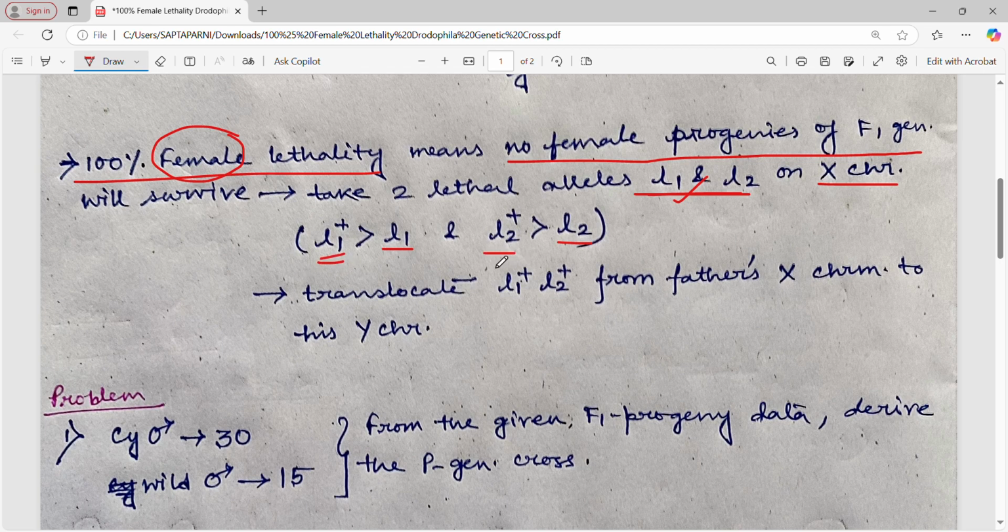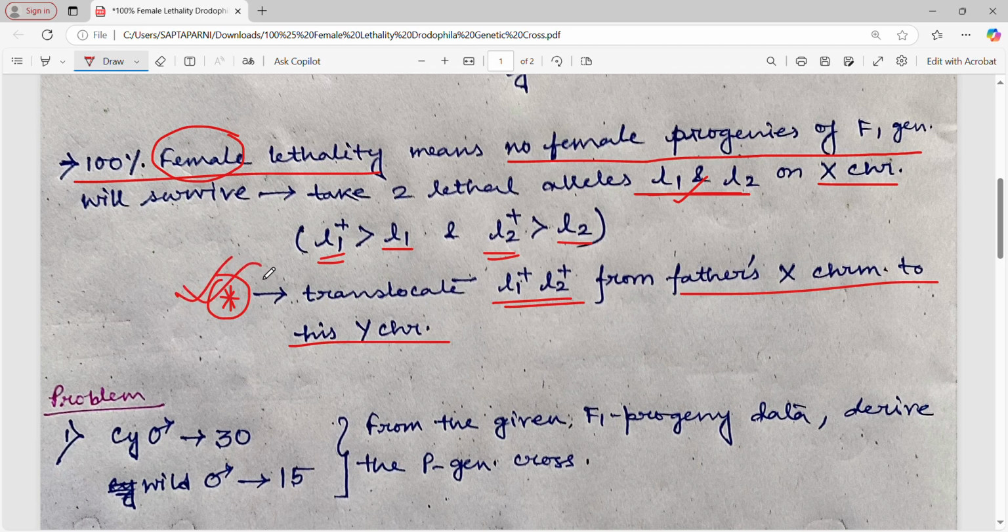Now, for female lethality, the important thing is that you have to translocate the L1 plus and L2 plus alleles from the father's X chromosome to the father's Y chromosome. This part is important for female lethality.